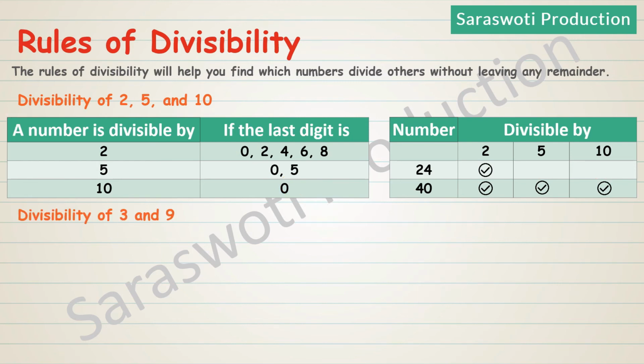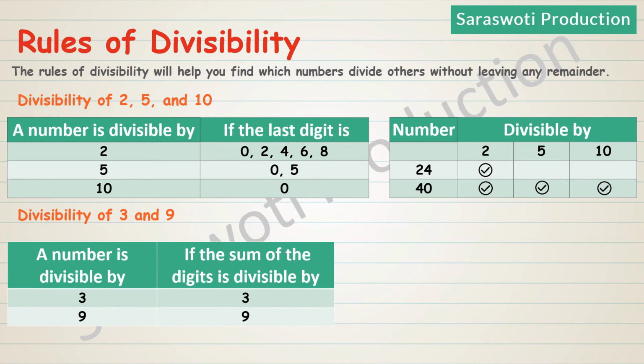Yes? Divisibility of 3 and 9. The rule is the same: a number is divisible by 3 if the sum of the digits is divisible by 3. Now what does this mean? This simply means that if, let's say, I have the number 81, for example, and I want to check if 81 is divisible by 3 or not, then when I divide by 3, I should get remainder as 0. Is it 0 or not?